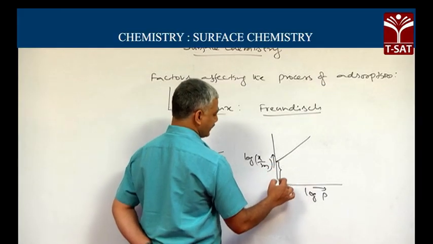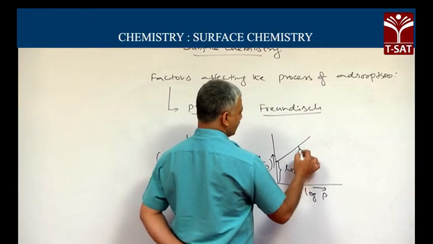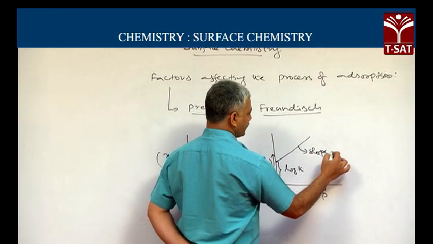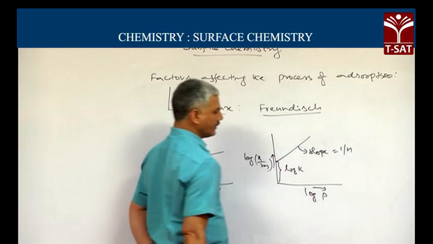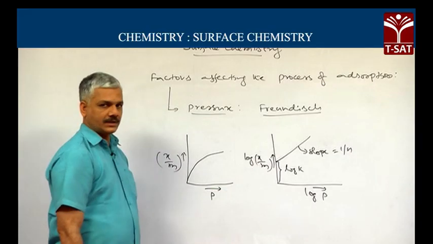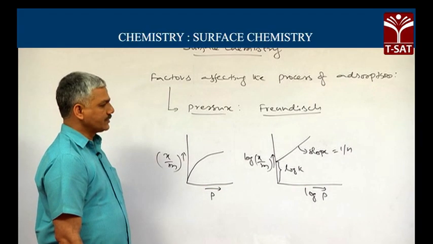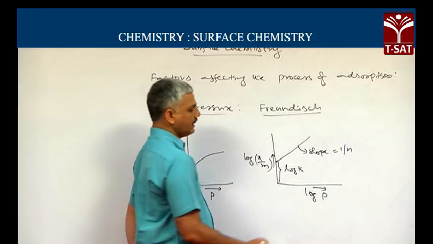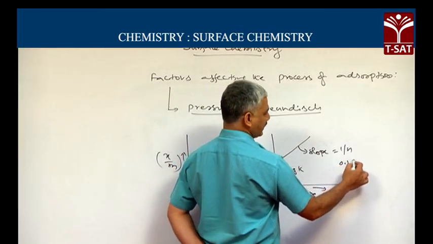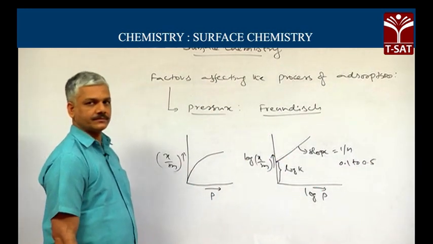This intercept value will be equal to log k and the slope of the equation will be equal to 1 by n. By using this graphical method, we can calculate the value of n. In most of the cases, the value of n ranges between 0.1 to 0.5.